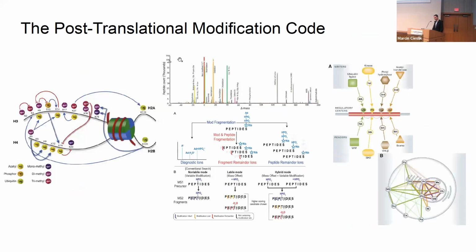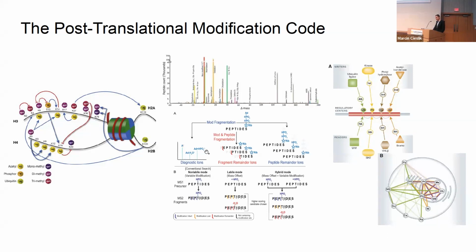And finally, I should mention that you probably heard about the histone code, how different PTMs, post-translational modifications on histone tails, dictate the logic of what is active chromatin, what is silenced chromatin. They are deposited in a certain order and have some regulatory logic behind that. And we have not yet developed methods which would allow us to get such regulatory logic from all of the different PTMs that we can expertly measure.